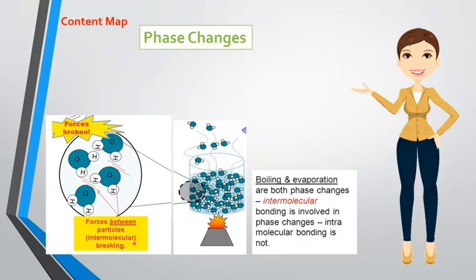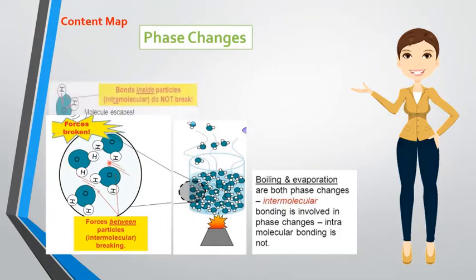They are moving faster and faster because of the added energy. So this energy is what is placed between the particles, and that is helping the molecules to break away.